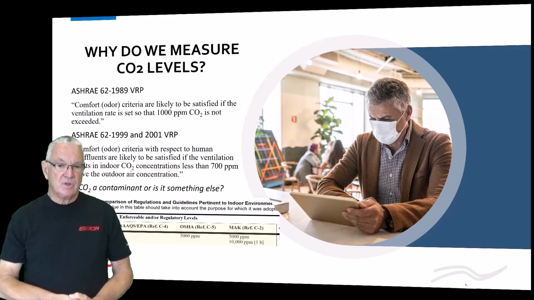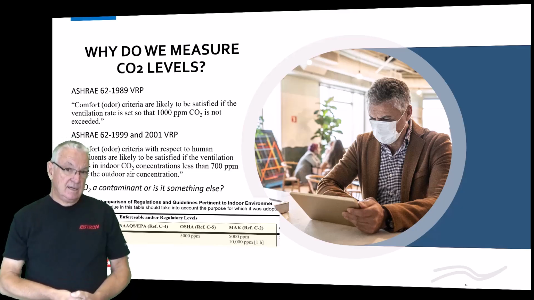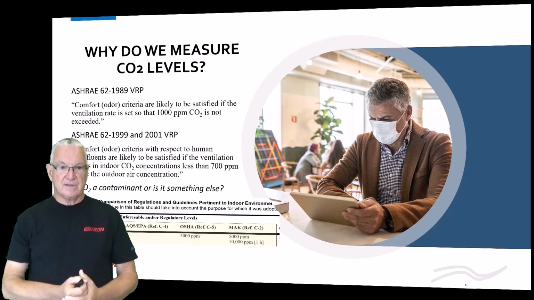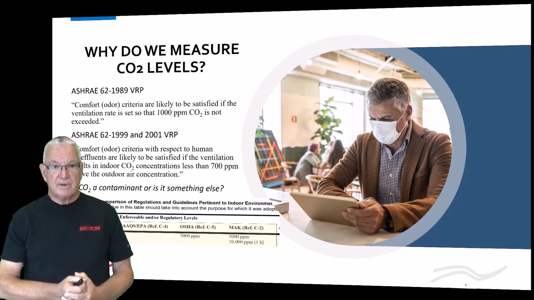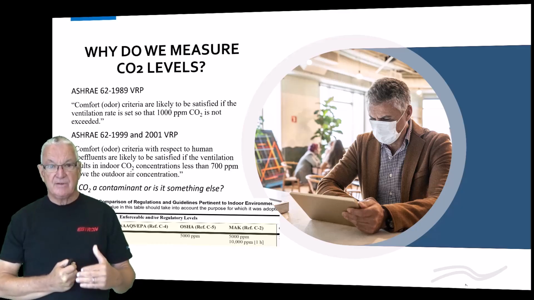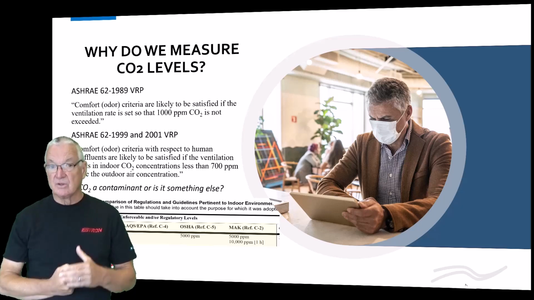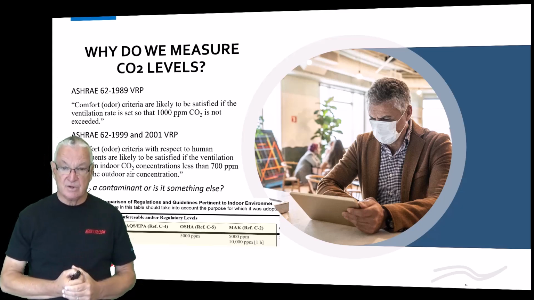In fact, until recently, the IAQ procedure, which talks about different contaminants of concern, listed carbon dioxide as a contaminant of concern when the 8-hour exposure exceeded 5,000 parts per million or the 1-hour exposure exceeded 10,000 parts per million.